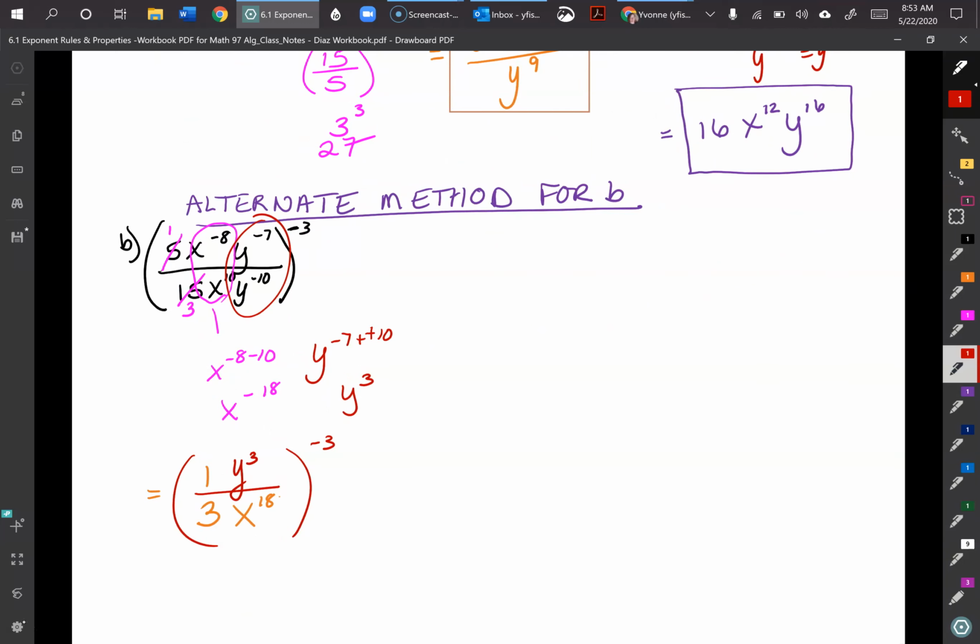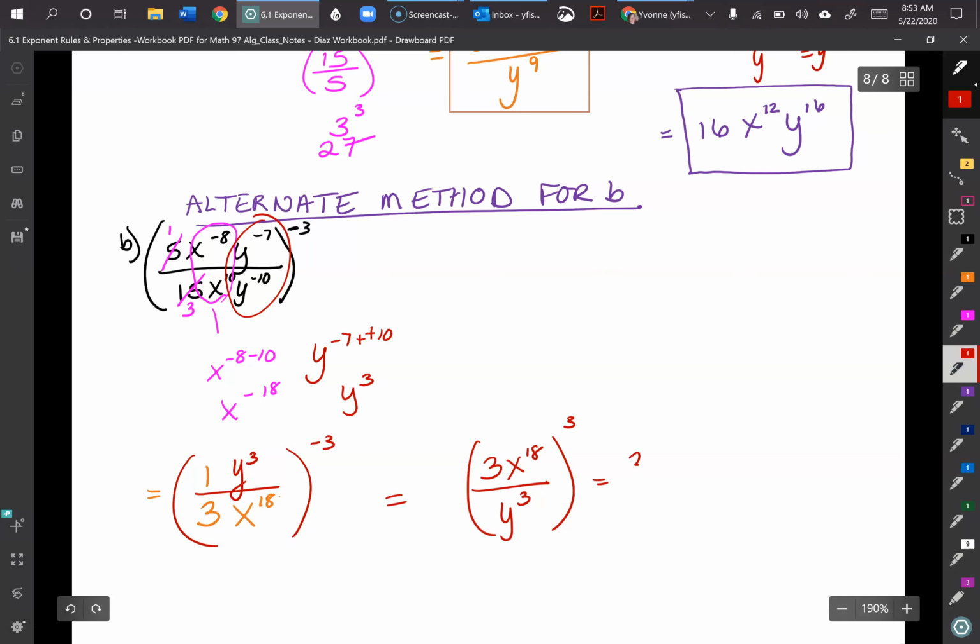I could take this whole thing and flip it. I could do 3x over 18 y cubed to the +3. So that's keeping me positive. Then I could do 3 cubed over x to the 18 times 3 is going to be my 54.